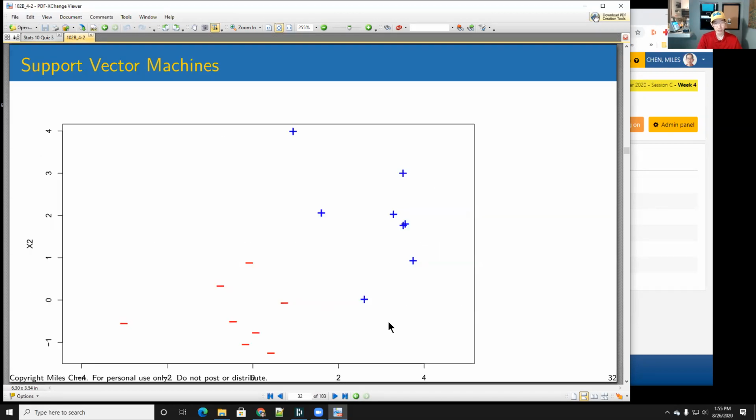Here is some sample training data. I've got blue dots indicated with plus signs, and some dots that are red, which are minus signs. And we're going to draw a pair of linear hyperplanes.